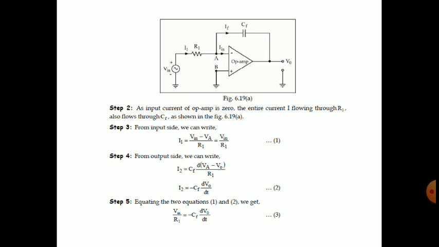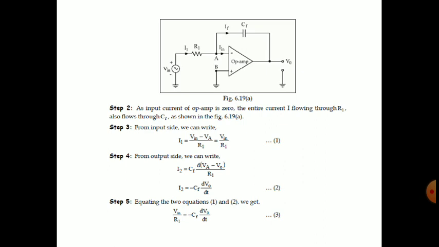When both input voltages are the same, that means there is no flow of current into the op amp. That is, it will have a very high impedance.